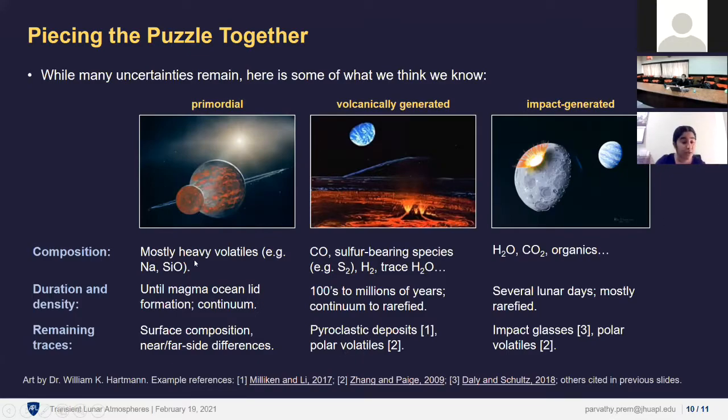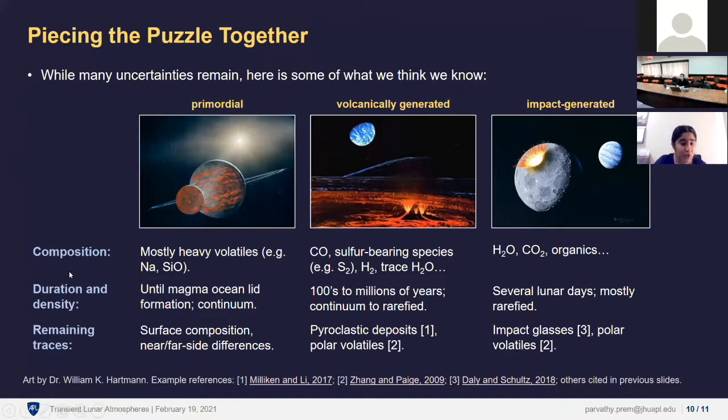The primordial lunar atmosphere was likely very heavy volatiles. Volcanically generated atmospheres were mostly carbon monoxide and sulfur-bearing species, with some other interesting trace volatiles. Impacts, asteroids and comets can deliver H2O and CO2, some of the more common volatiles. Organics can also remain in the atmosphere and can condense at low temperatures near the poles.